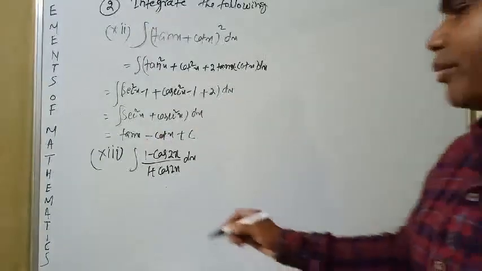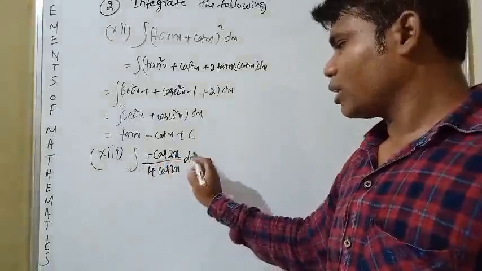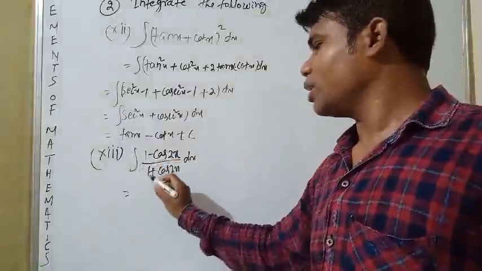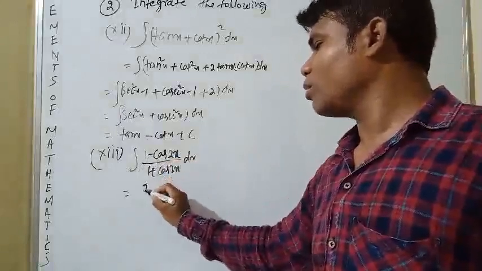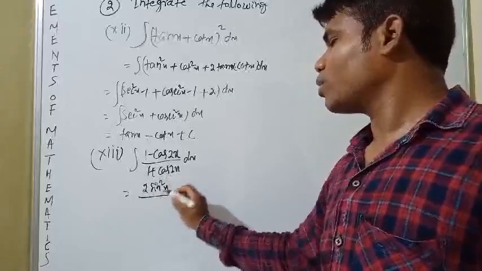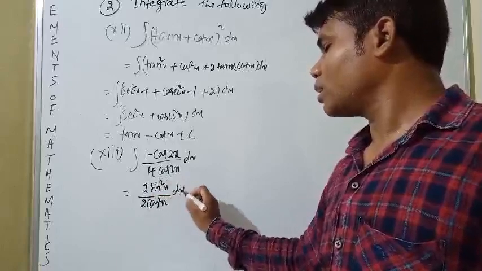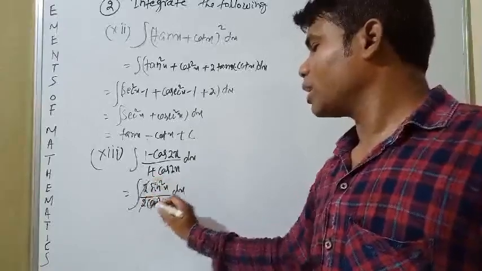You see next problem. Integration of (1 − cos 2x) by (1 + cos 2x) dx. You know 1 − cos 2x is equal to 2 sin²x, and 1 + cos 2x is equal to 2 cos²x dx. 2 will cancel out.